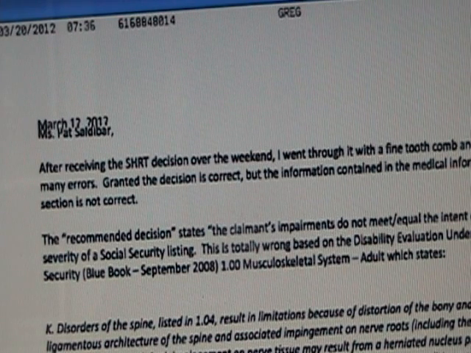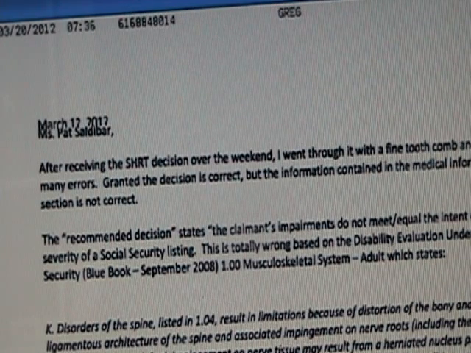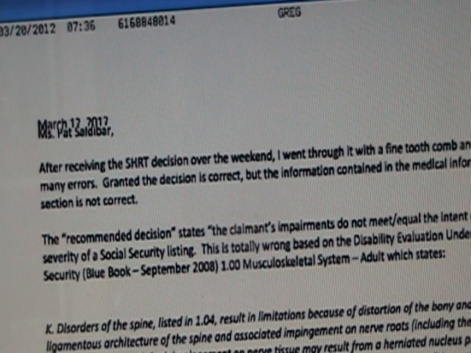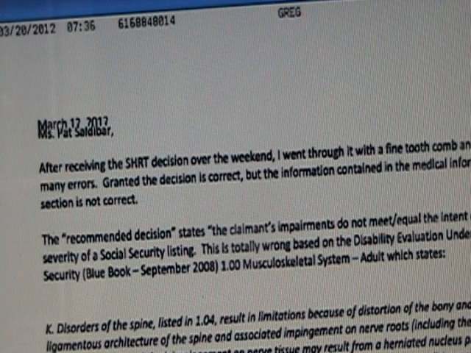Section 1.00 Musculoskeletal System Adult, which states disorders of the spine listed in 1.04 result in limitations because of distortion of the bony and ligamentous structures, including the spinal cord. Such impingement on nerve tissue may result from herniated discs, spinal stenosis, which I have, or other miscellaneous conditions.